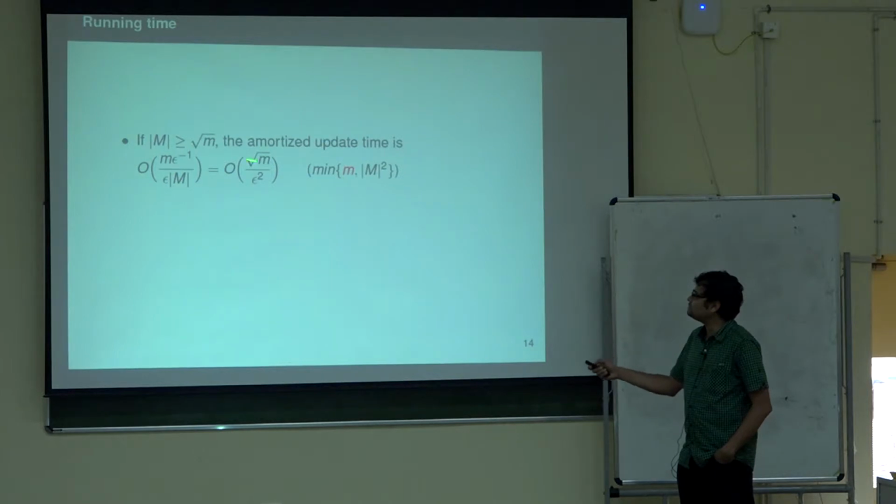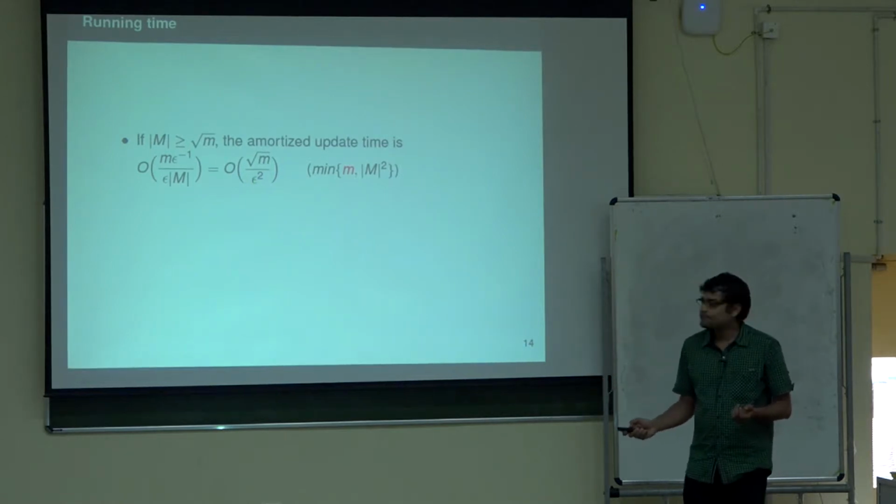The minimum of these two is m, because m is greater than square root of m. So this is the time taken to find the matching. This is where I use the Micali-Gonzalez algorithm. And you did nothing for the remaining epsilon m/2 update steps, so I am amortizing this running time over the next epsilon m/2 update steps. If you do the calculation, this is the amortized running time.